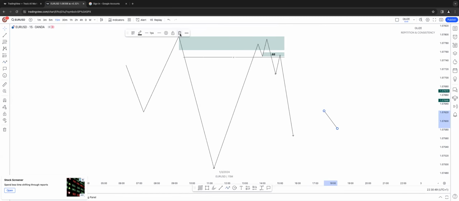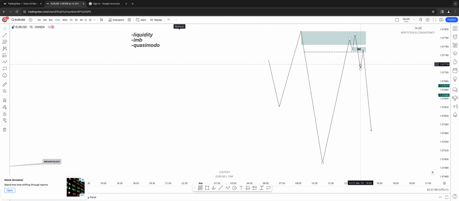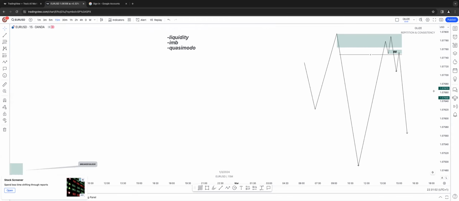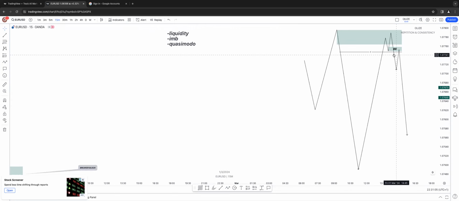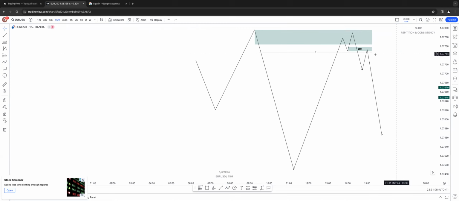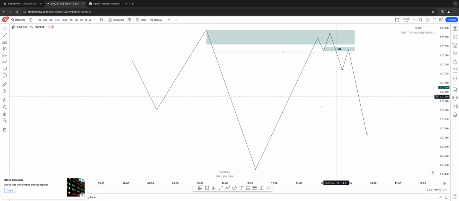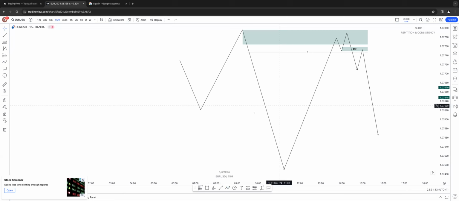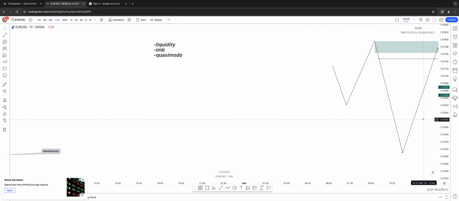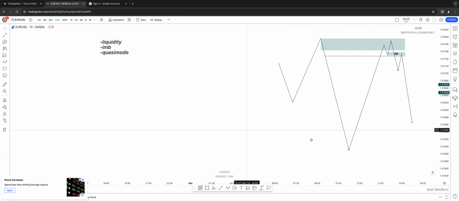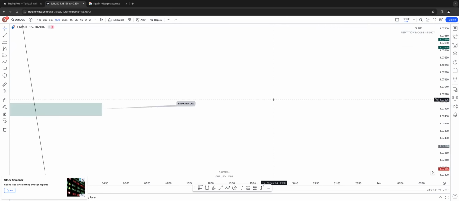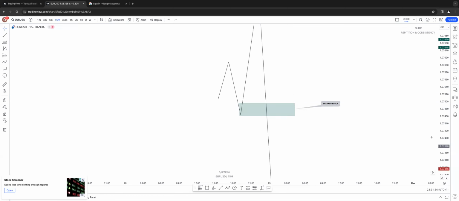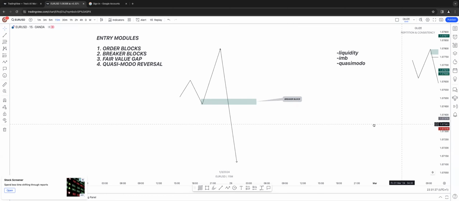For this, this is a bearish breaker block. And mind you, your liquidity, that's your inducement, is also meant to be present to make your breaker block a valid one after being established in an already existing POI.